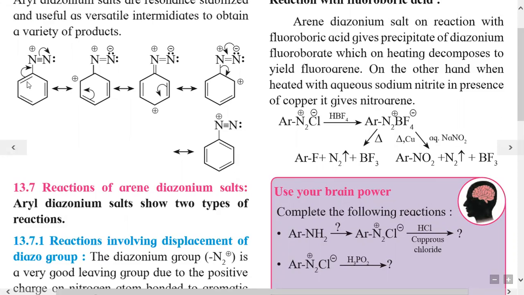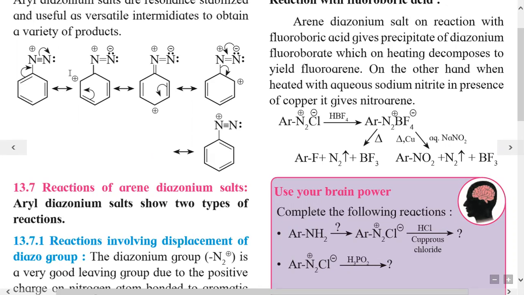Here the bond present in the aromatic ring is shifted between the aromatic ring and nitrogen and forms a double bond here. Actually the double bond is not shown in this second resonance structure, that is a printing mistake. The next double bond is shifted towards the positive charge in the aromatic ring. Then at the para position there is a formation of positive charge.